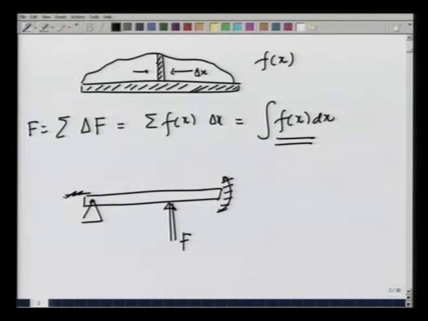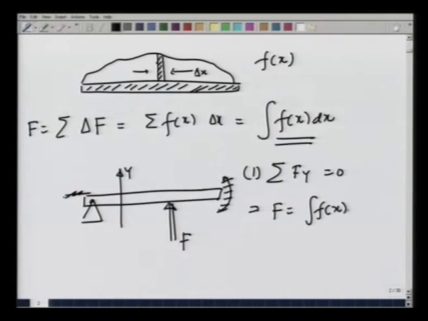To do that, one, we require that summation F_y, where y is this direction, be 0, and that gives me the net force F should be equal to integration f(x) dx.